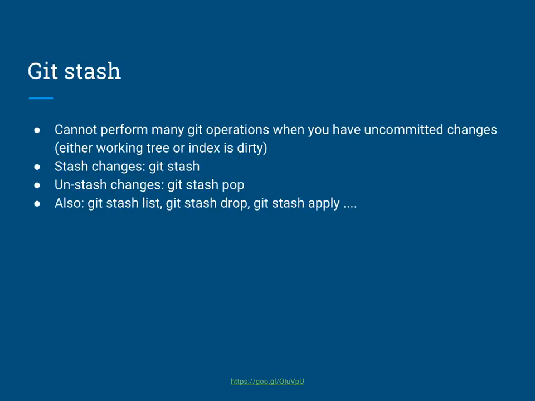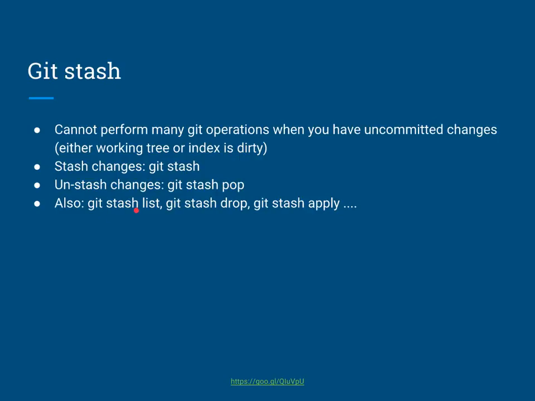Git stash is a utility if you quickly want to switch branches and do all those operations that we're going to do today, and you need a clean working tree. Git stash allows you to take whatever is there and just stash it away, so you don't have to bother with it for a while. So to put your changes into the stash, you do git stash, and to unstash, git stash pop.